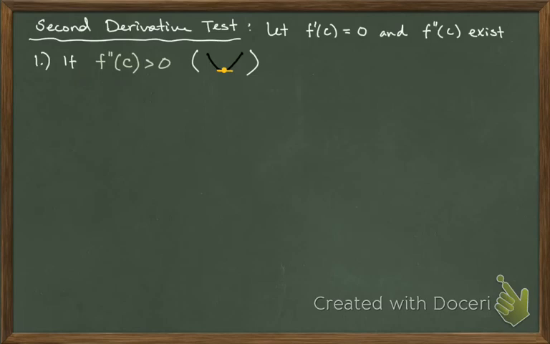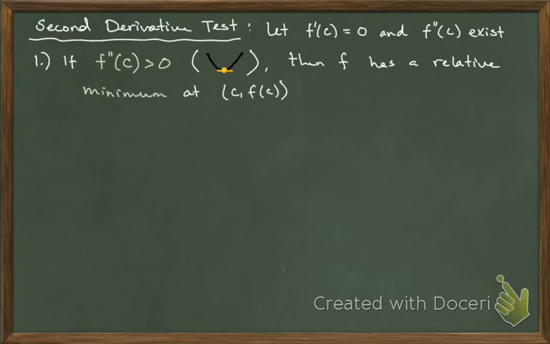Horizontal tangent line, concave upward. I've got F being a relative minimum at that point. Concave upward, relative minimum. So it might seem a little backwards, but once you've got the shapes down, it makes pretty good sense. Horizontal tangent line at the same time being concave up should indicate a minimum.